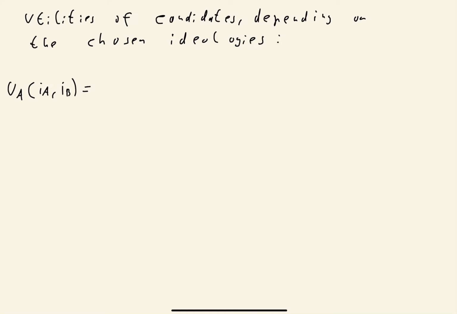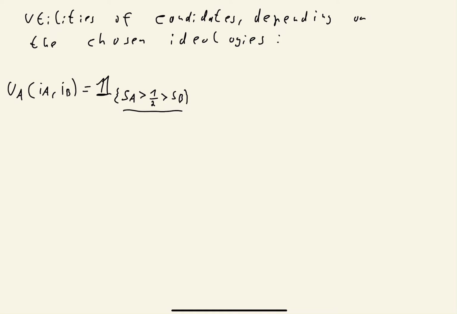So it's the indicator function with the event SA being strictly larger than 1/2, being strictly larger than SB. So the indicator function is 1 when this event in parentheses is fulfilled.